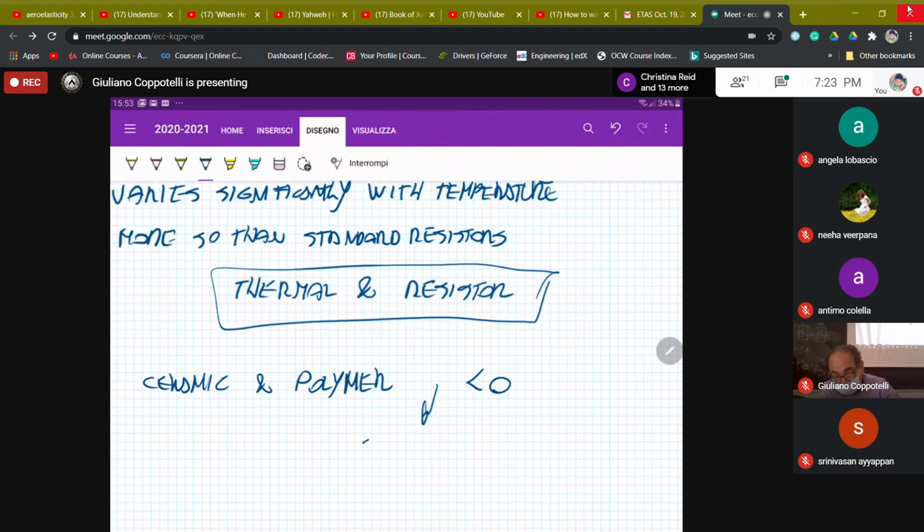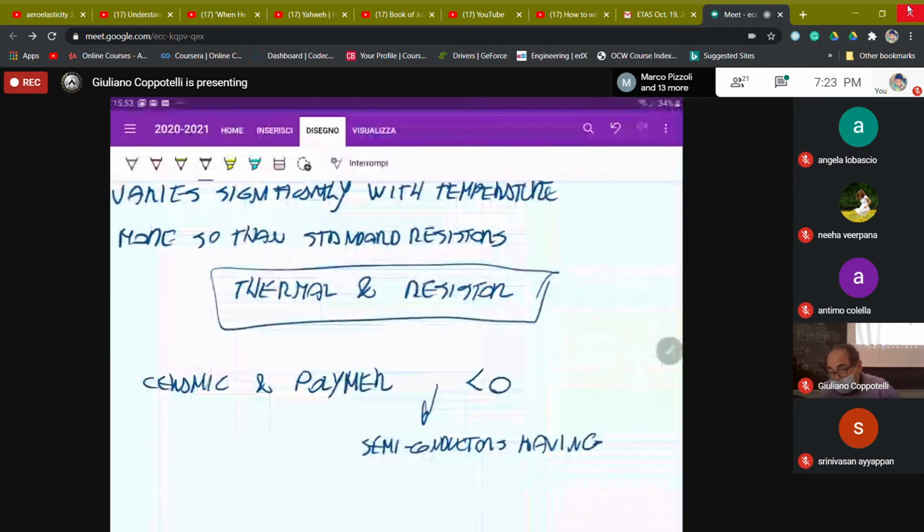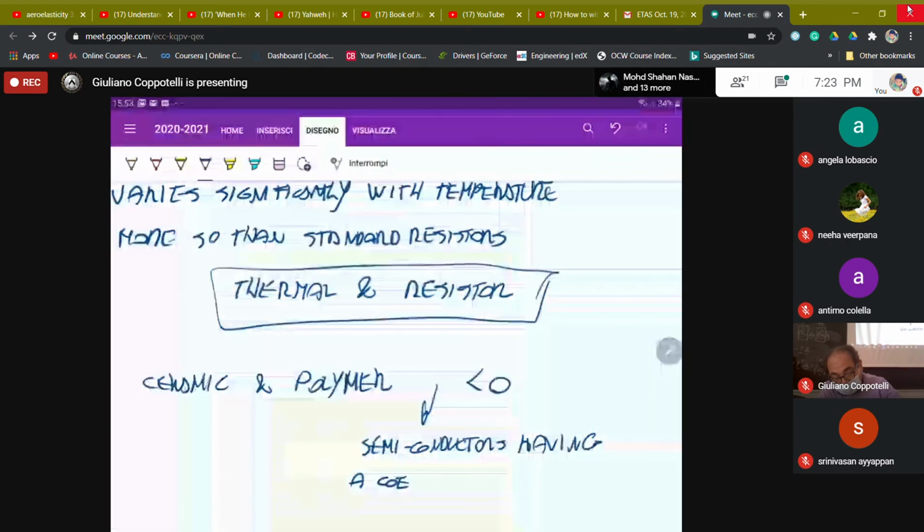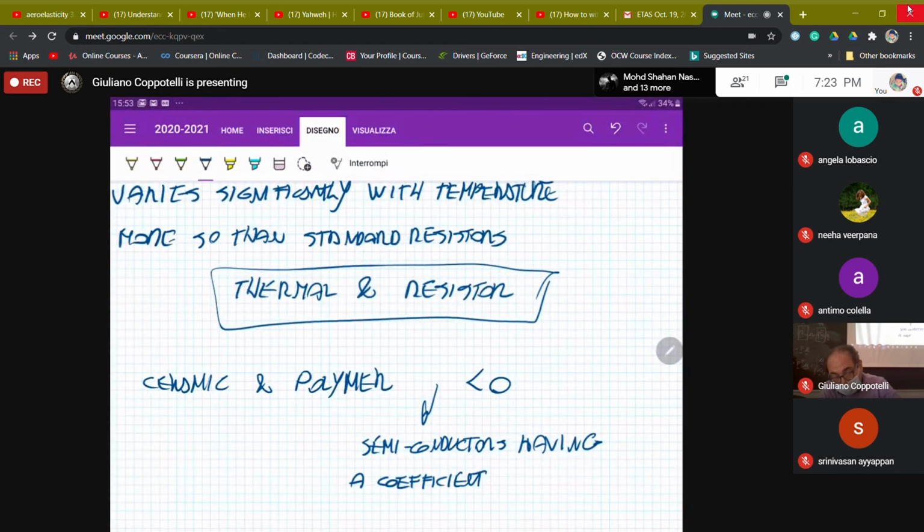So these are semiconductors having a coefficient of variation of resistance with respect to temperature that is negative.